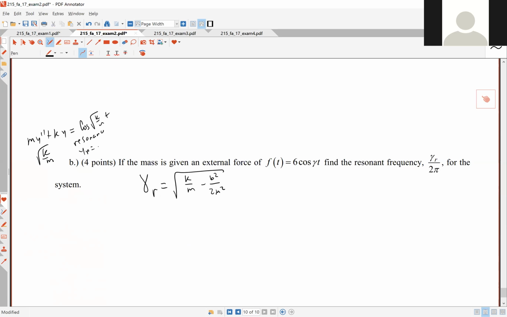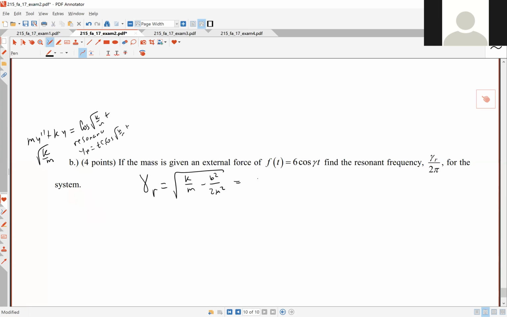The particular solution would have a t in front of the cosine square root k over m t. This one, though, is practical resonance, because when you have damping, you just get max amplitudes. So this is how FM radio tunes into certain stations.